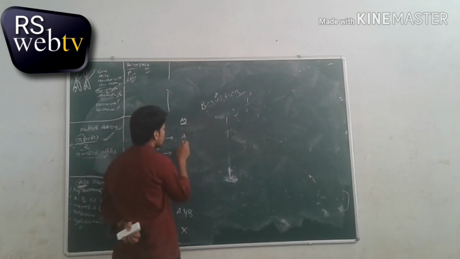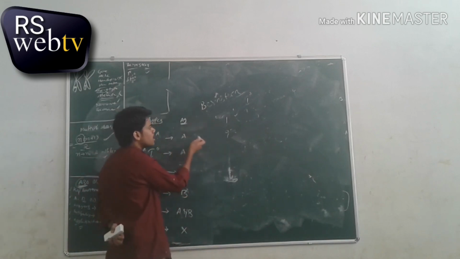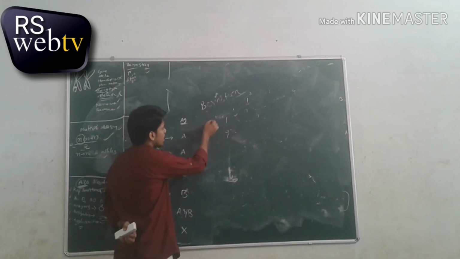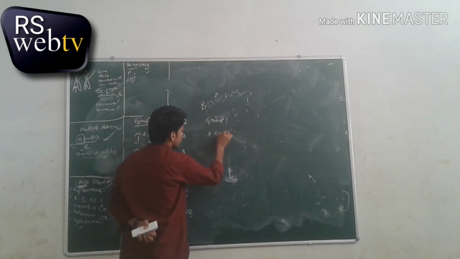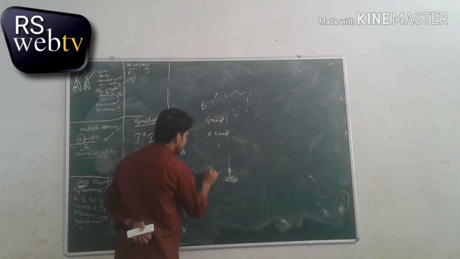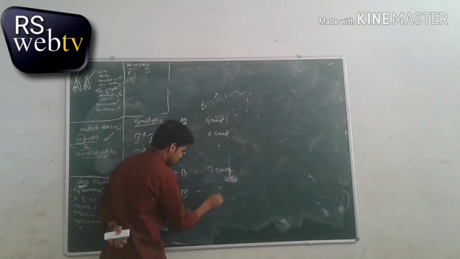Now, if A type of antigen is present on the surface of RBC, the group is A group. It is also A group. This is B group. It is also B group.